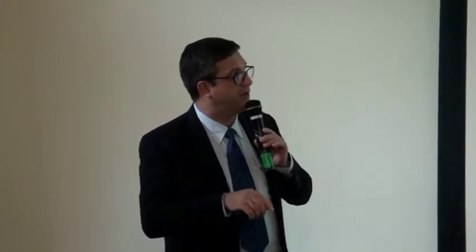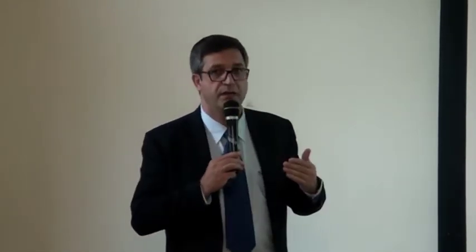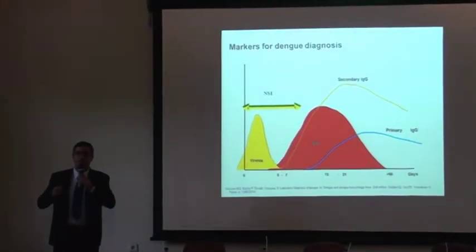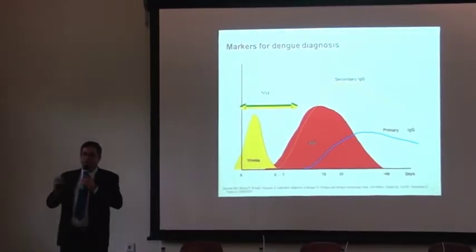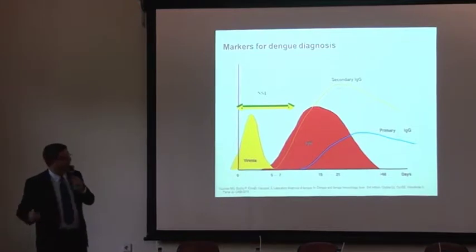The indirect methods consist of demonstrating the presence of the virus in the body, not directly, but because you see the reaction of the body producing antibodies, IgM and IgG. You have to understand when to collect specimens, because based on the timing of the specimen collection, you can do some tests and not others.